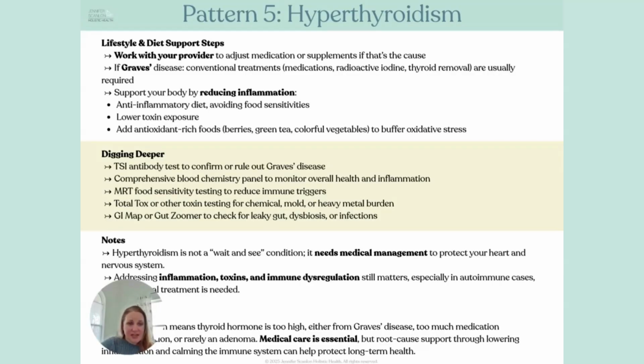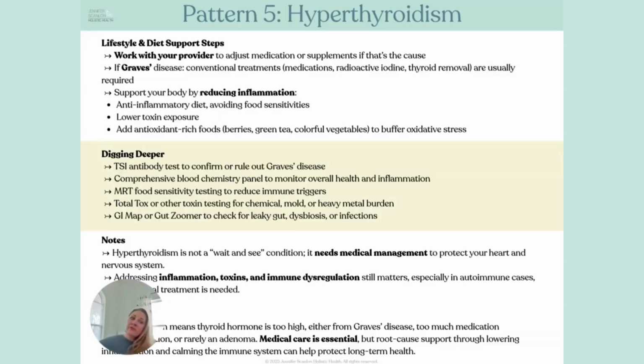So I just wanted to highlight that hyperthyroidism isn't a wait and see kind of condition. It does need medical management to protect your heart and your nervous system. But if we address inflammation, toxins, and immune dysregulation, that still matters. And especially if it is Graves', an autoimmune case, that can be very helpful, even if medical treatment is still necessary.